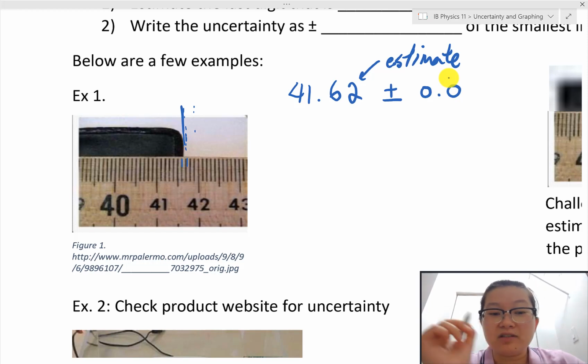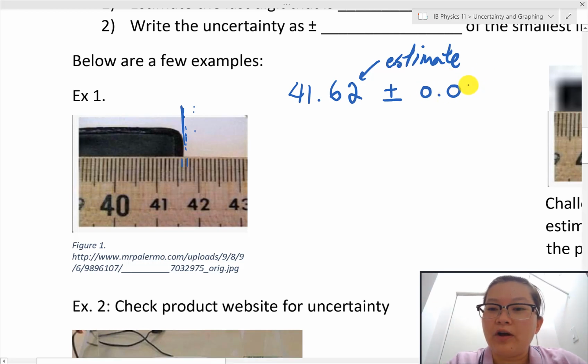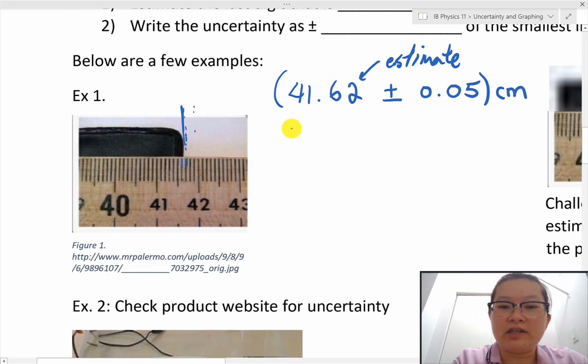So on this meter stick, the smallest increment is a millimeter. So our uncertainty here will be half of a millimeter, or 0.05 centimeters. And I'm going to bracket that, and I'm going to put centimeters in the end for our units.